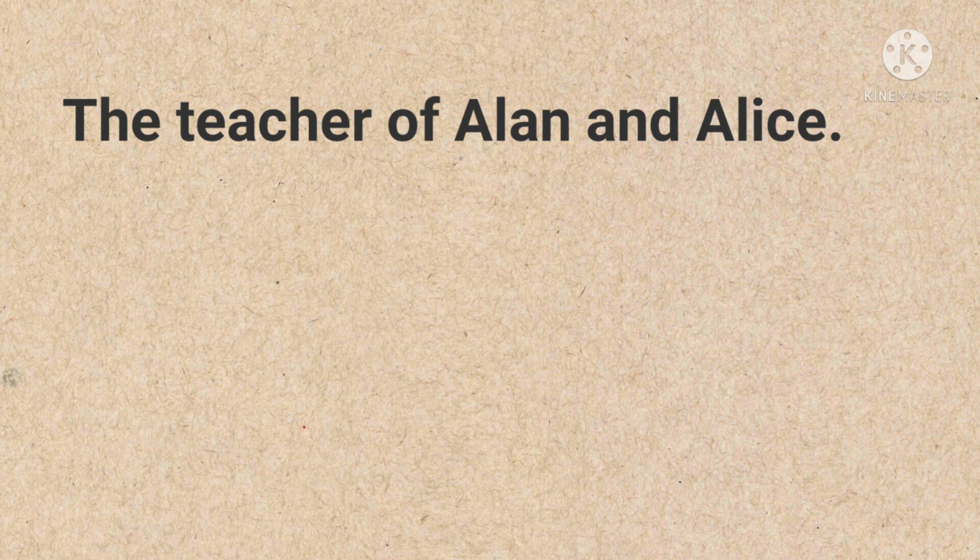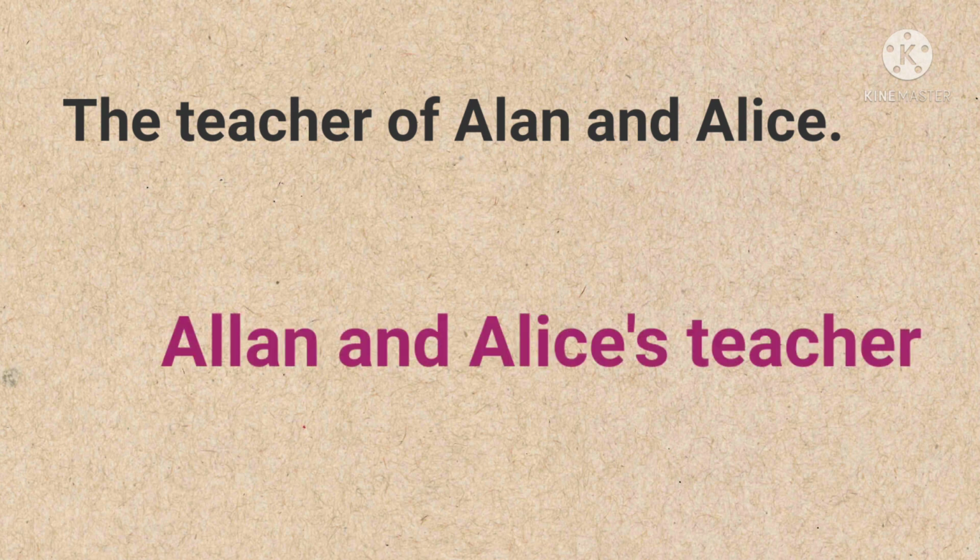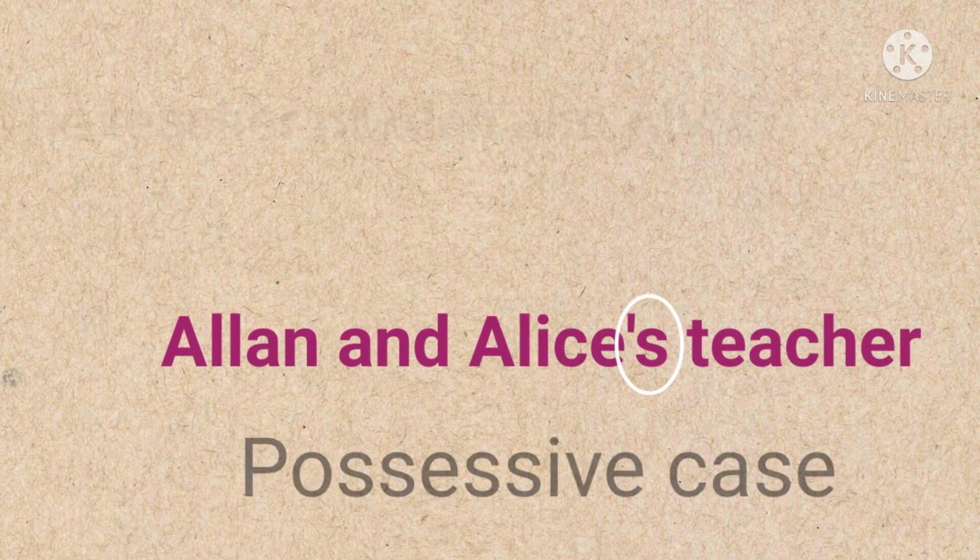Check this example. The teacher of Alan and Alice. This can be written in the possessive form, that is, Alan and Alice's teacher. See, with the help of an apostrophe, we can change the subject into possessive case.